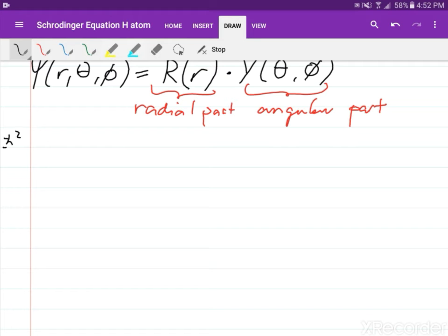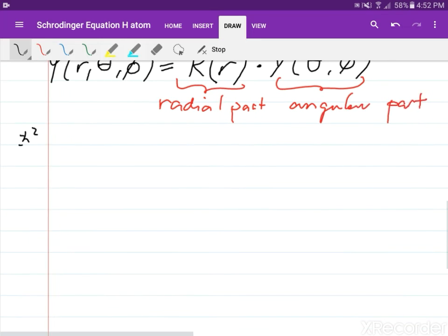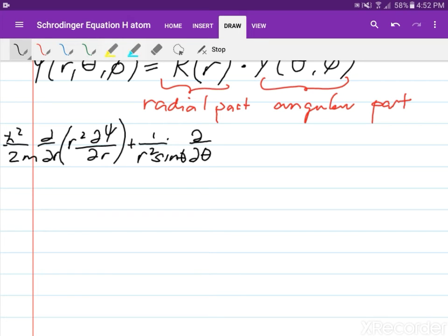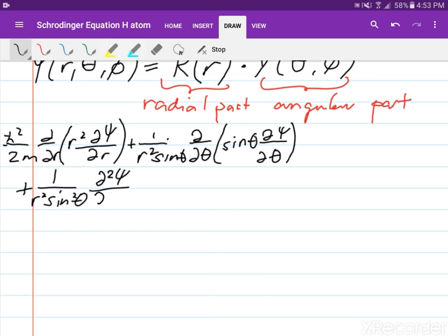So we have minus h bar squared over 2m, d psi dr, plus 1 over r squared sine of theta, partial with respect to theta, next line plus 1 over r squared sine squared theta, partial squared psi partial phi squared.